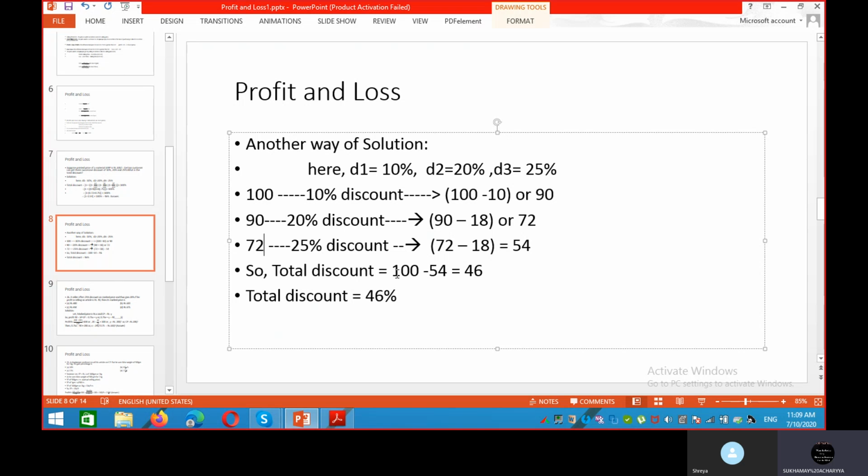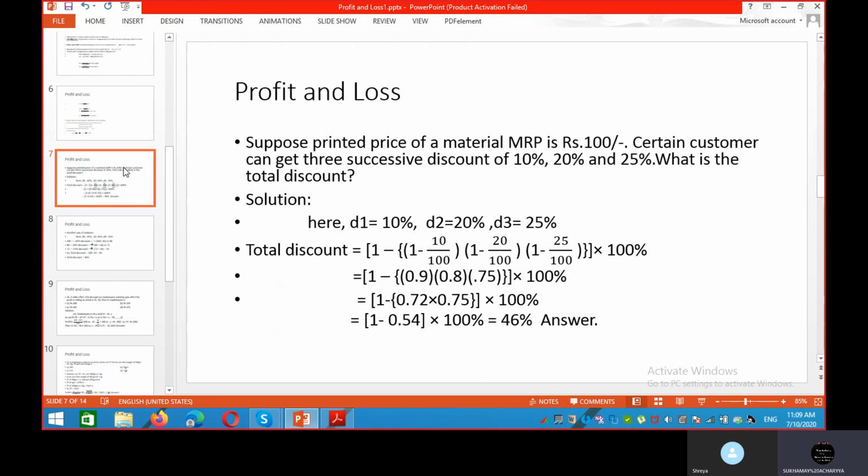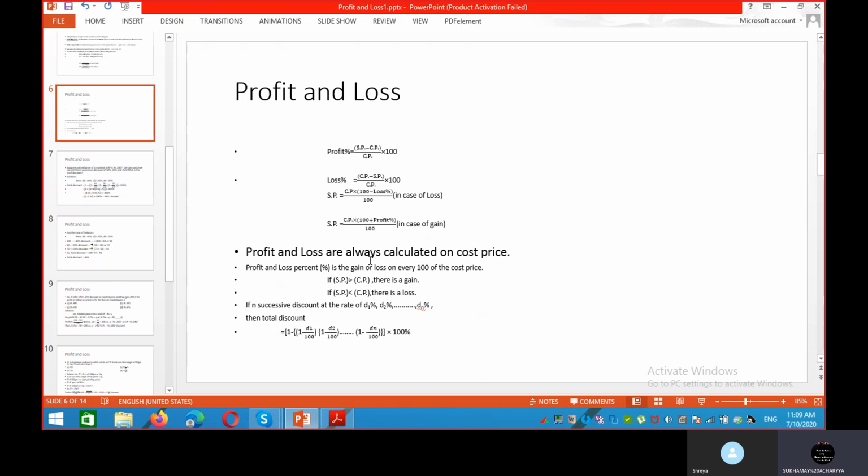So total discount is equal to 100 minus 54, which is equal to 46. So here the total discount is 46 as it is calculated on cost price. What is the cost price? Cost price is 100 and total discount is 46%. So always remember that profit and loss are always calculated on cost price.